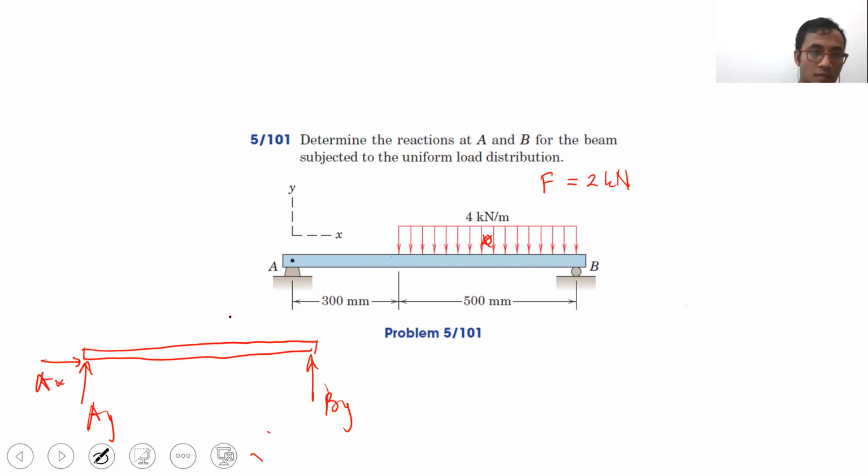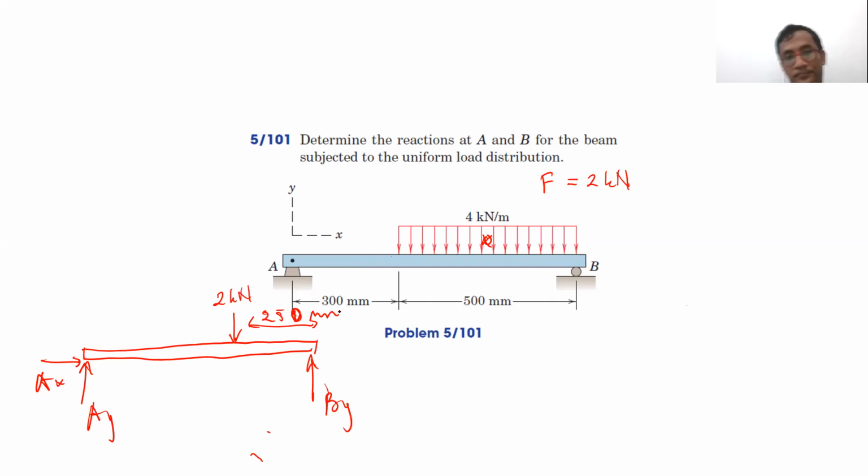So we can just draw it this way, 2 kilonewton. And the distance here is supposed to be 250 millimeters from the right, and from the left it's supposed to be 550 millimeters.